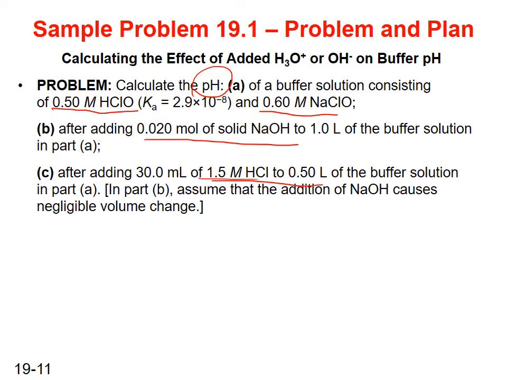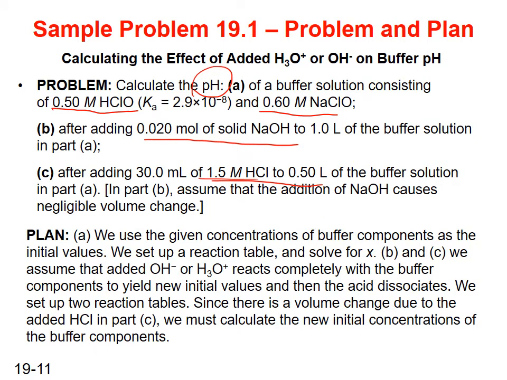So our plan is we use the given concentrations to calculate first the initial values. And remember, it's a weak acid base, so in order to calculate hydronium ion, we have to write the reaction, set up a reaction table, and solve for X. Okay, so that's for A, and for B, we assume sodium hydroxide is a small amount compared to the acid in the buffer solution. So buffer is 0.5 molarity.